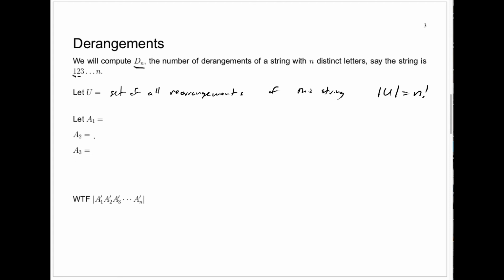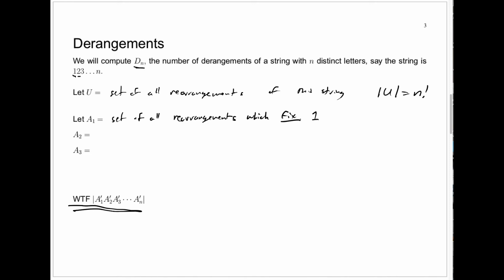Well, if we're going to construct our sets so that what we want to find is the size of the intersection of the complements, we want each set to say what we don't want about one of the elements. Well, we don't want 1 to end up in position 1. So set A1 will be the set of all rearrangements which fix the element 1.